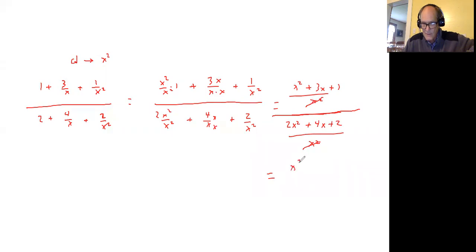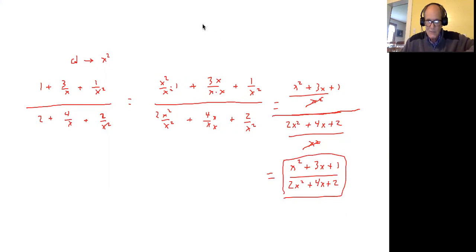And I end up with x squared plus 3x plus 1 over 2x squared plus 4x plus 2. Okay, now let's keep that right there. And let's go back and work this problem the clearing the fractions method, and let's see if we get the same thing.